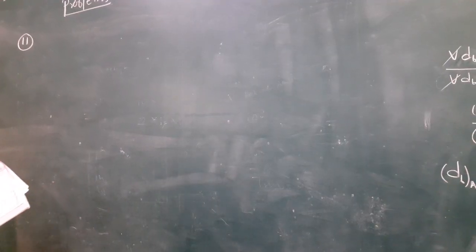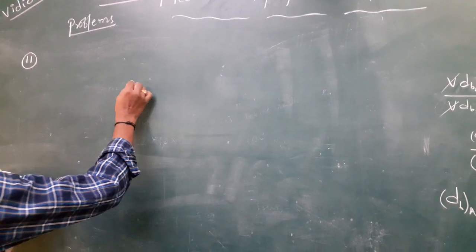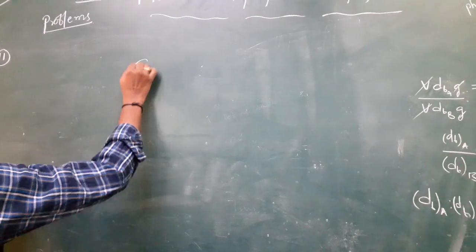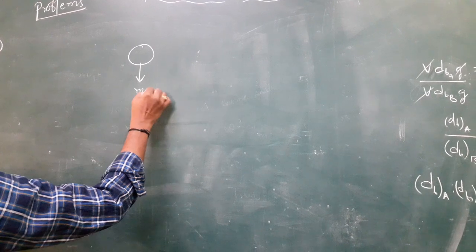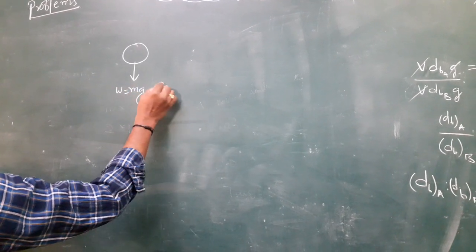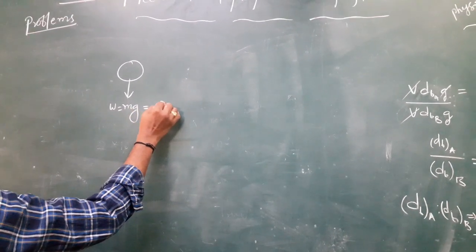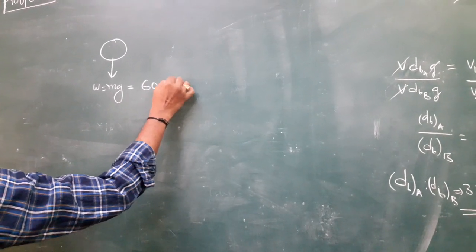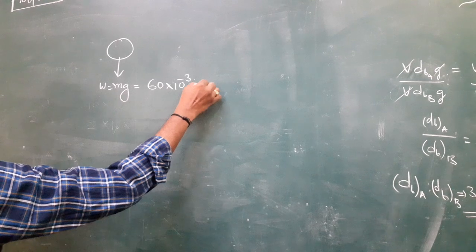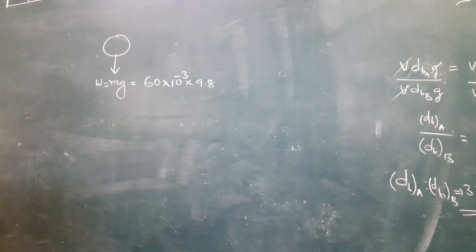Okay. A metal sphere is weighing in air. The weight is equal to 60 into 10 power of minus 3 kg into g, and the g value is 9.8.